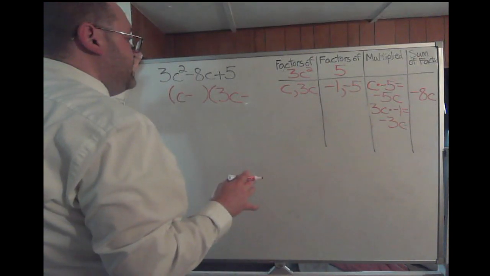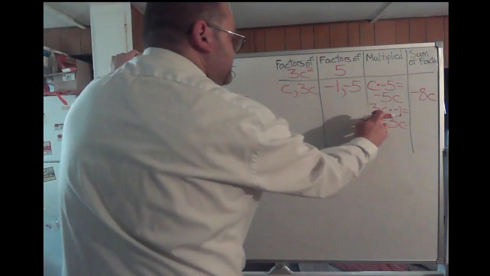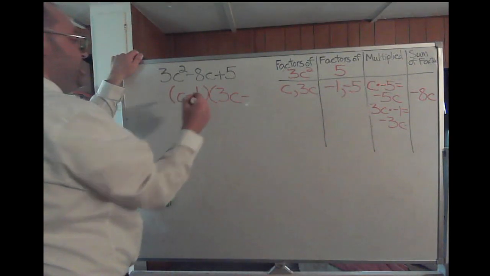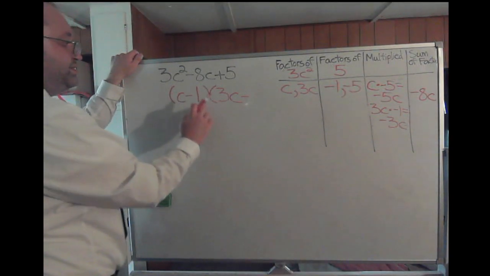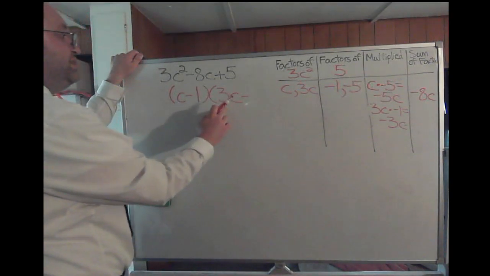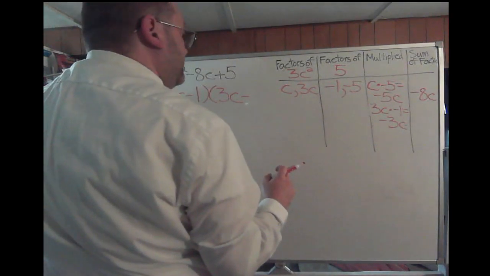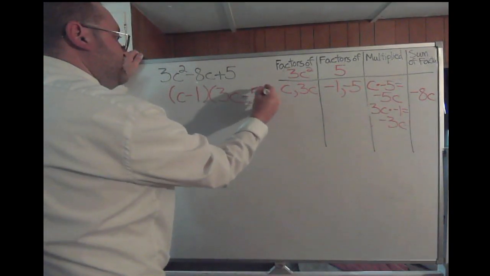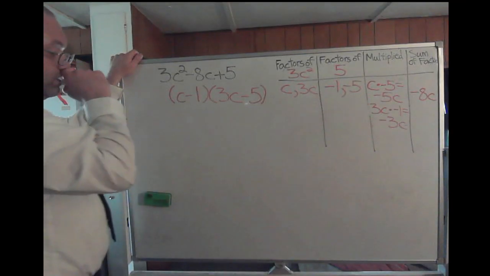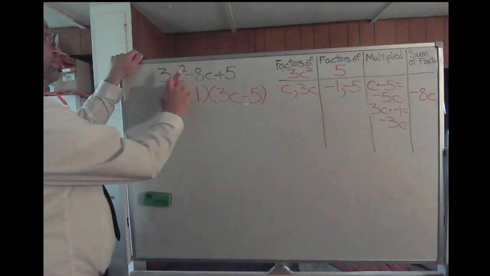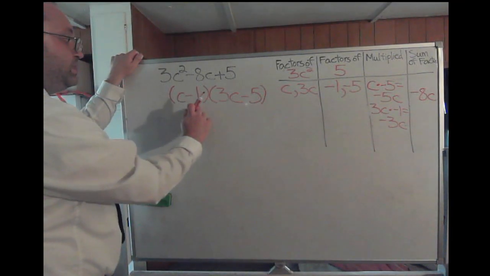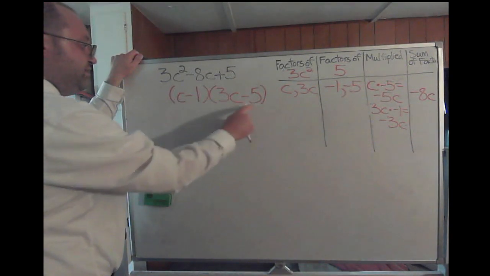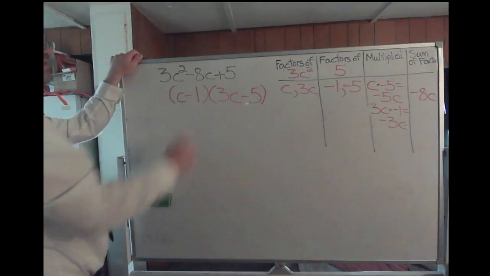Now, we took 3c times -1, so you're going to put the 1 right here at the end of the first parenthesis, so you'll get -1 times 3c. That would give you -3c. Then you did c times -5, so you'll put your 5 right here at the end of the second parenthesis. So c times 3c gives you 3c squared. -1 times -5 gives you a +5 for your constant term. So now you have -5c minus 3c, you get your -8c.